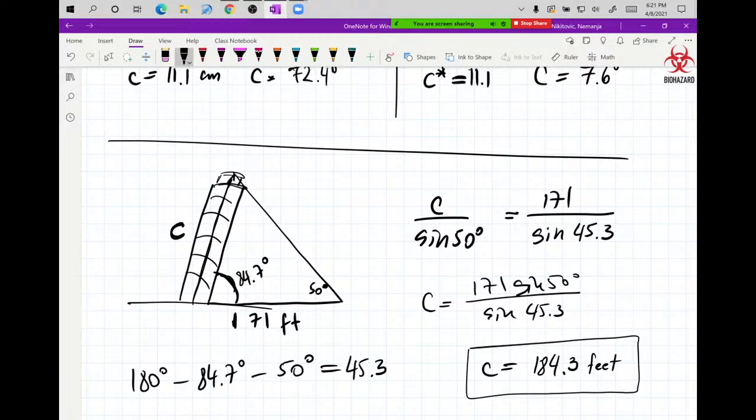Stand sufficiently far from the tower and take the protractor, and put it at 90 degrees to the ground so that you can see the tower through it. You can also stretch a little string and measure the other angle, 50, and then wherever your stick is, where the 50 is, you can take a measuring tape and measure on the ground 171 feet. That is all very easy to actually do.